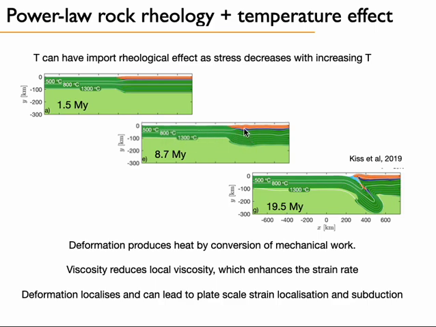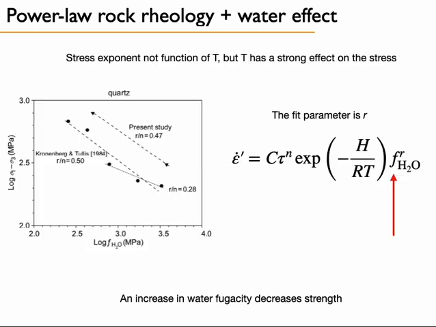It just peaks up here, and what's happening is that deformation is localizing, temperature increases, and this leads to the reduction of viscosity and the formation of a subduction zone. So the deformation localization, even at the plate scale, can be linked to this temperature effect on rheology. So this is a first order effect.